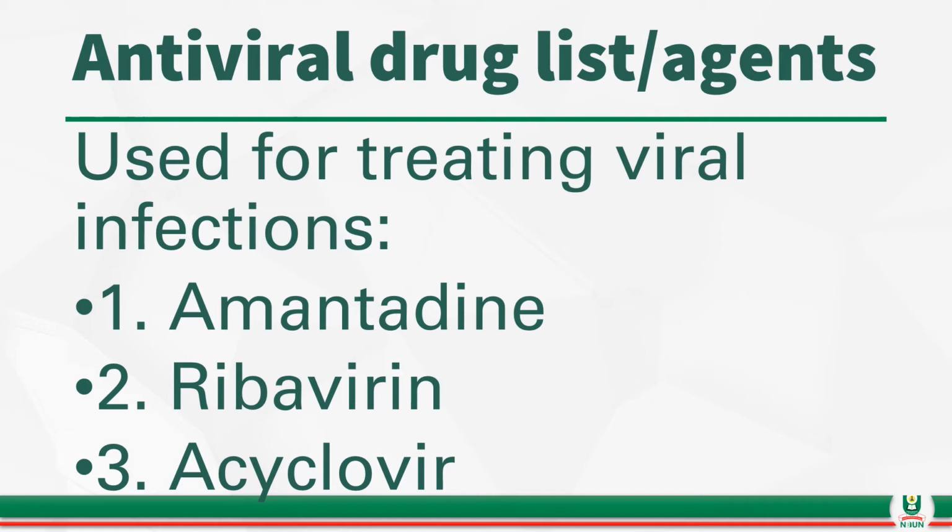Examples in this category are amantadine, ribavirin, and acyclovir. These are the three major antiviral medications that are in this primary healthcare list: amantadine, ribavirin, and then acyclovir.